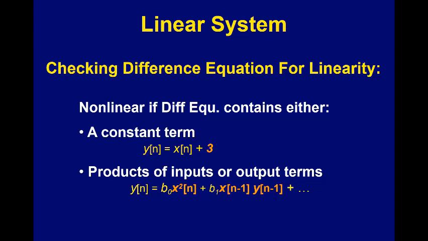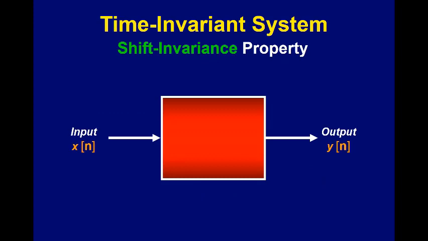This one's obvious: a squared is not a linear thing. But even with these intermixed products, all we can have are x of n's, y of n's, and numeric coefficients. No functions of x or y in front of our x and y's.